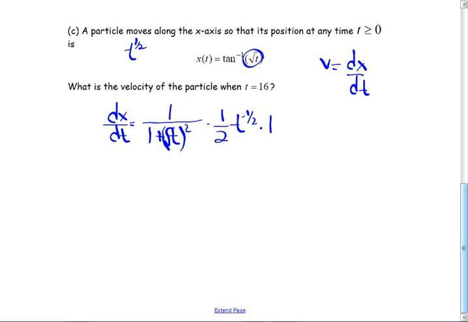It's the square root of t squared. So it's 1 over 1 plus t. And this is times 1 over 2 square root of t. And we're going to put in 16.